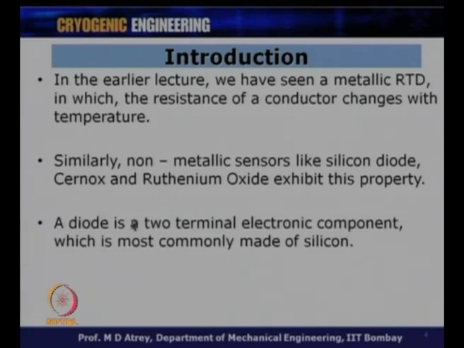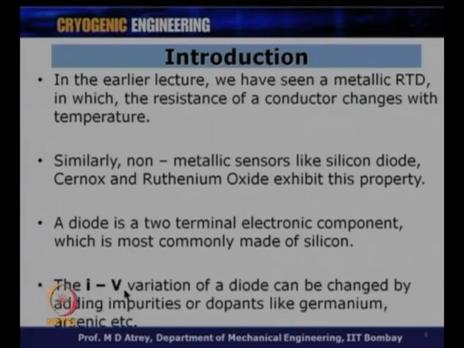Okay. So, we know what a diode is. A diode is a two-terminal electronic component which is most commonly made of silicon. So, we talk about the silicon diode. Basically it allows the current to go in only one direction, while it does not allow the current to go in the opposite direction. Also, it has some temperature dependent current properties, and that is what we utilize for temperature detection.